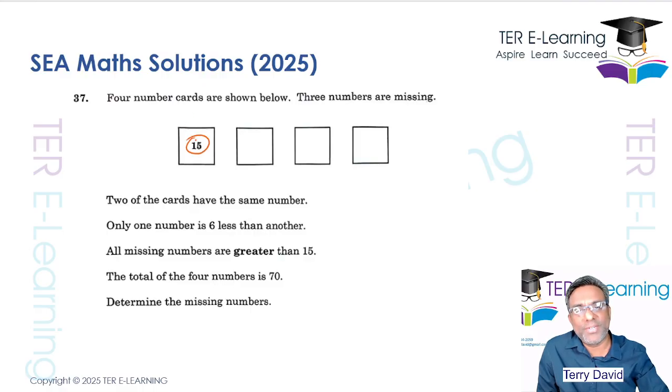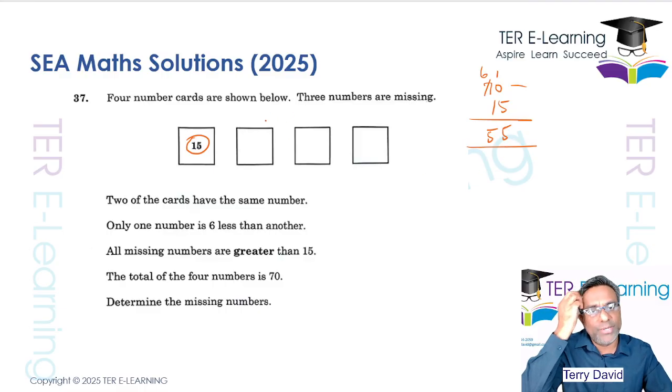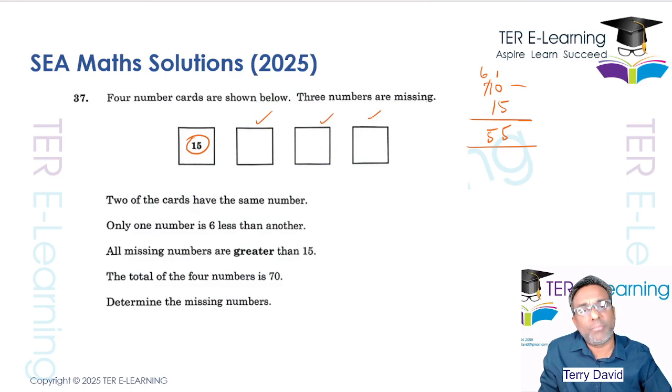So you know what the first card is. First card is 15. So let's take 70 and minus our 15. 70 minus 15, so this is going to be 6. This is 10. 10 take away 5 is 5. And 6 take away 1 is 5. So we have 55 here. Now, whatever we do, this number plus this number plus this number should add up to 55.